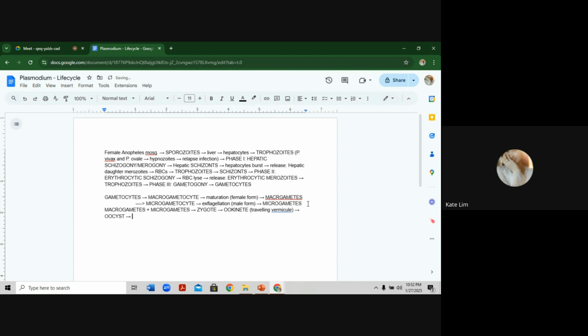This oocyst would undergo sporogony, a process of rapid division that produces the sporozoites. When your oocyst undergoes sporogony, it would multiply and eventually burst, releasing sporozoites.